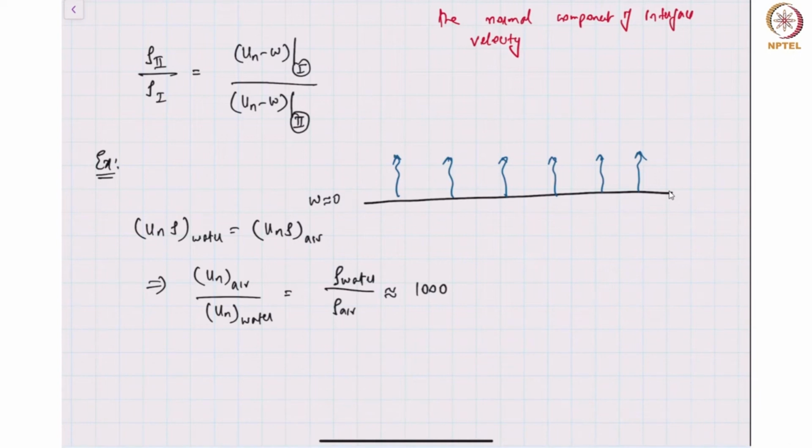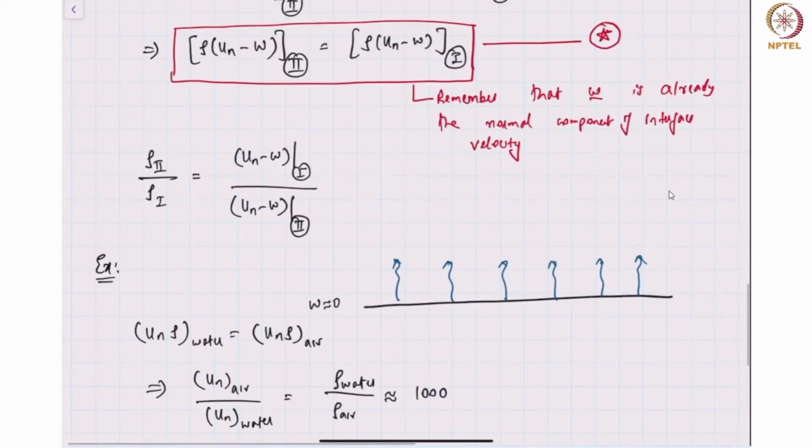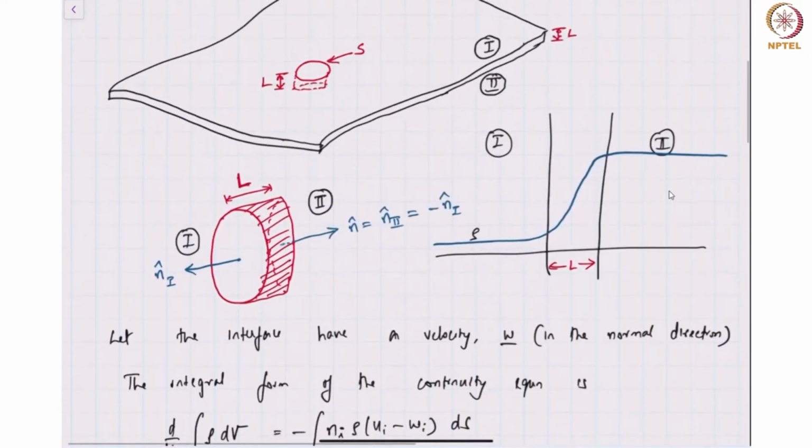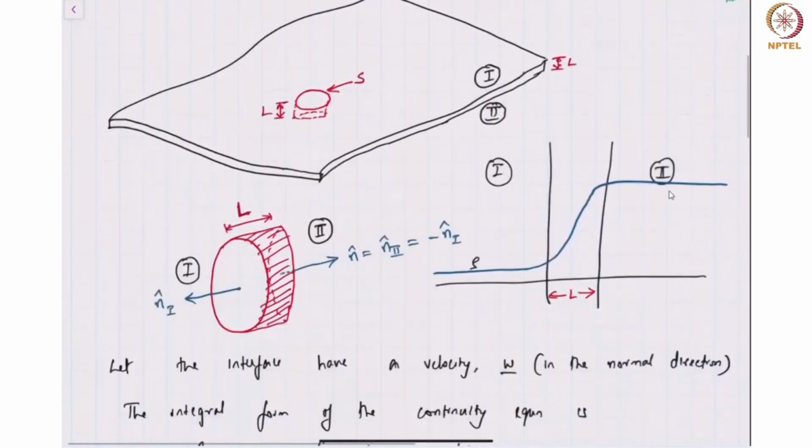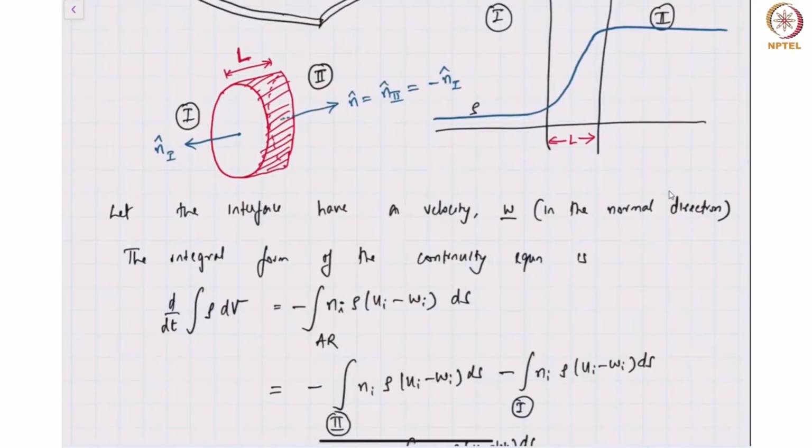Okay, so the first step that we have achieved in this calculation so far is we've derived the jump conditions for the normal component of the velocity at an interface. How did we do this? We did this by starting with the integral form of the continuity equation.